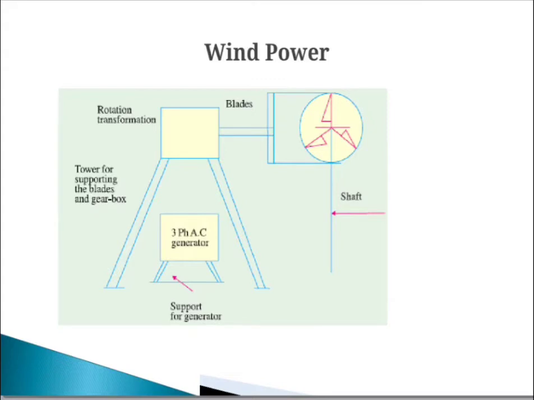The height of the tower ultimately depends on the power capacity of the wind turbine, and the tower of turbines in a commercial wind power plant is usually in the range of 40 meters to 100 meters. These towers may be tubular steel towers, lattice towers or concrete towers.